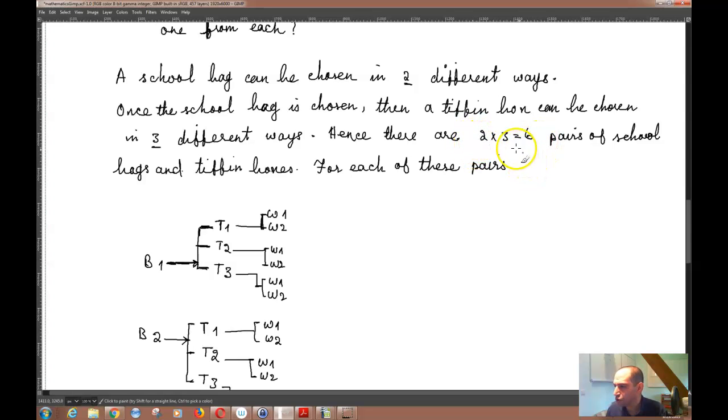So for each of these pairs, a water bottle can be chosen in two different ways.